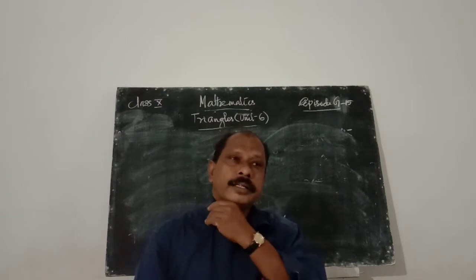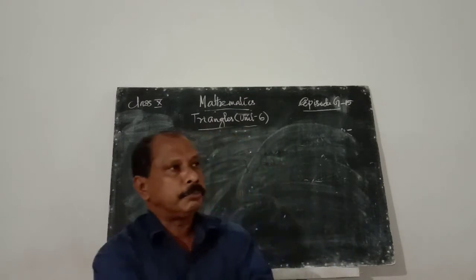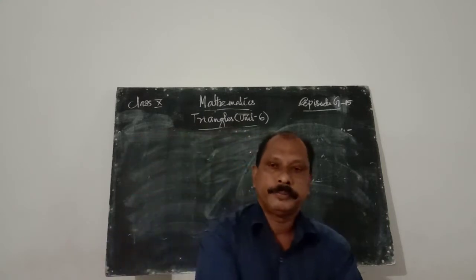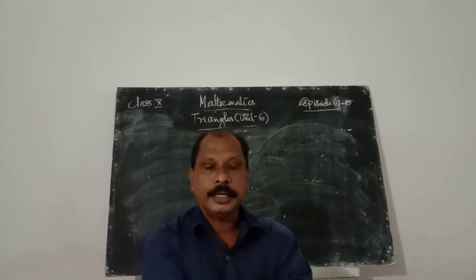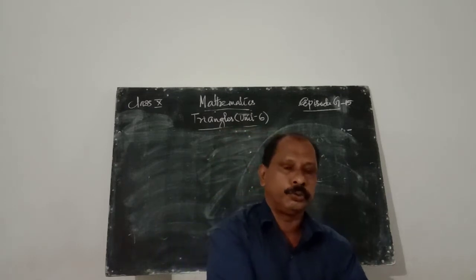First of all, we write: in triangle ABC, DE is parallel to BC. That is given. We have to prove that AD by BD is equal to AE by CE. That is our proof.